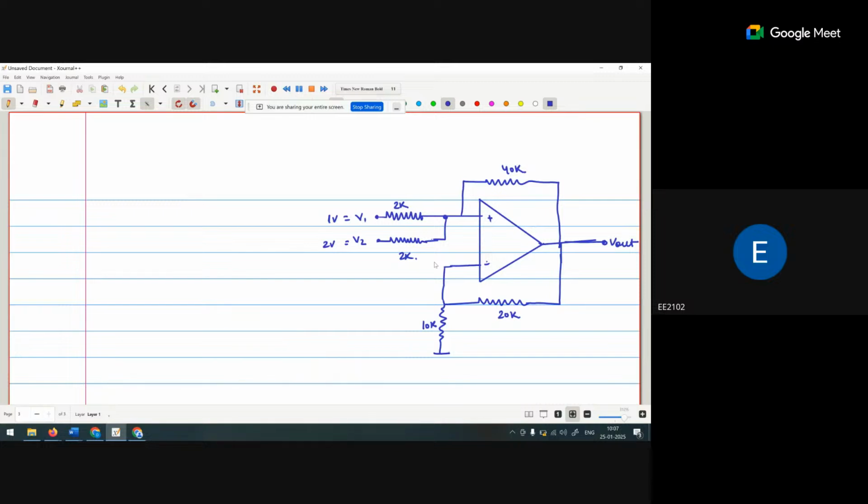Yes, what is the output? I got 4.74 volts. V out is 4.74 volt. Yes, sir. 4.7368.